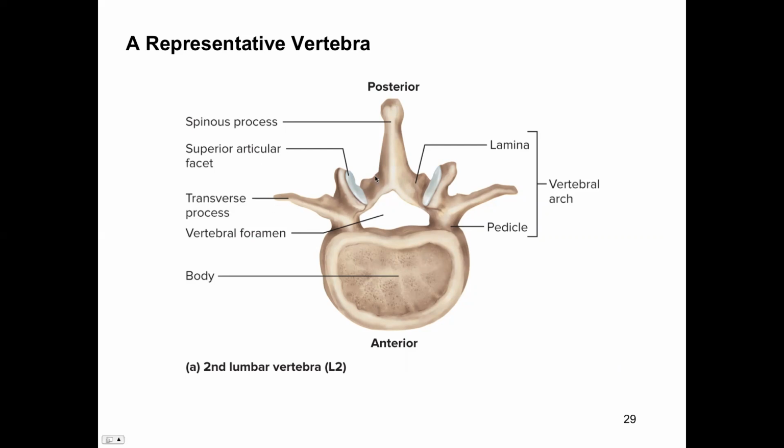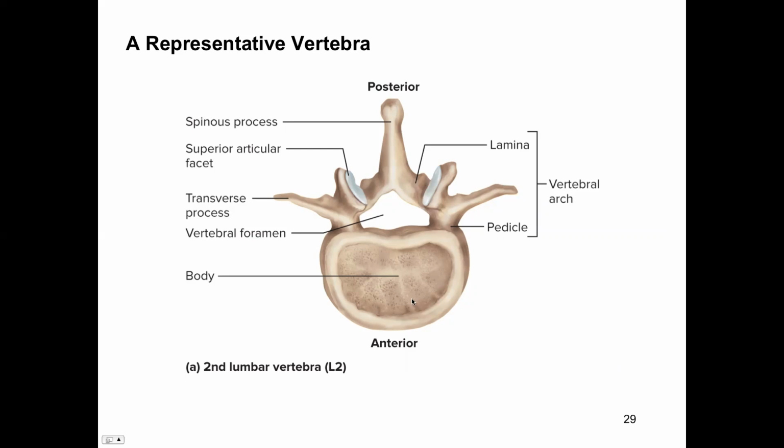Now, the lamina is connecting these different processes, the 2 transverse and the spinous. These together make the vertebral arch. And then this thing here is the body, so that should be pretty easy to remember.